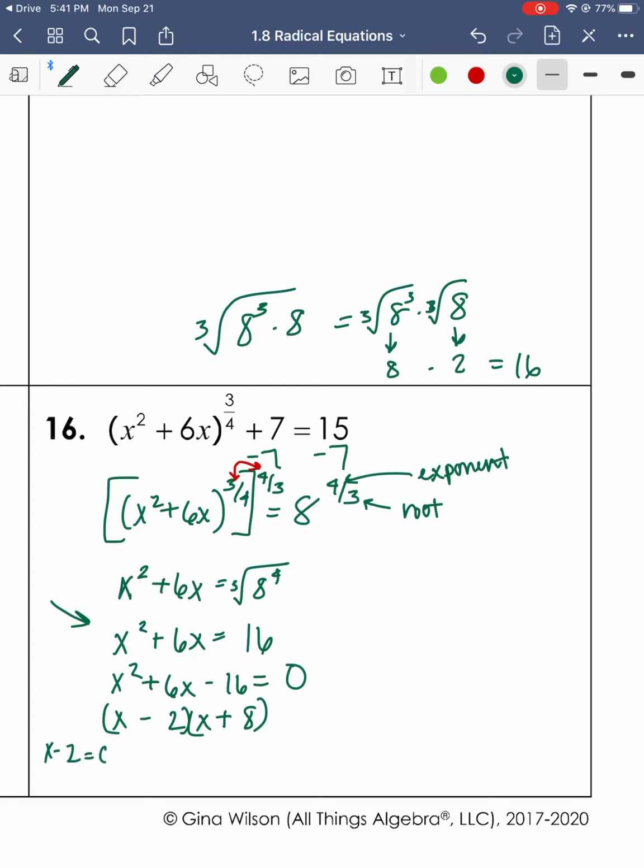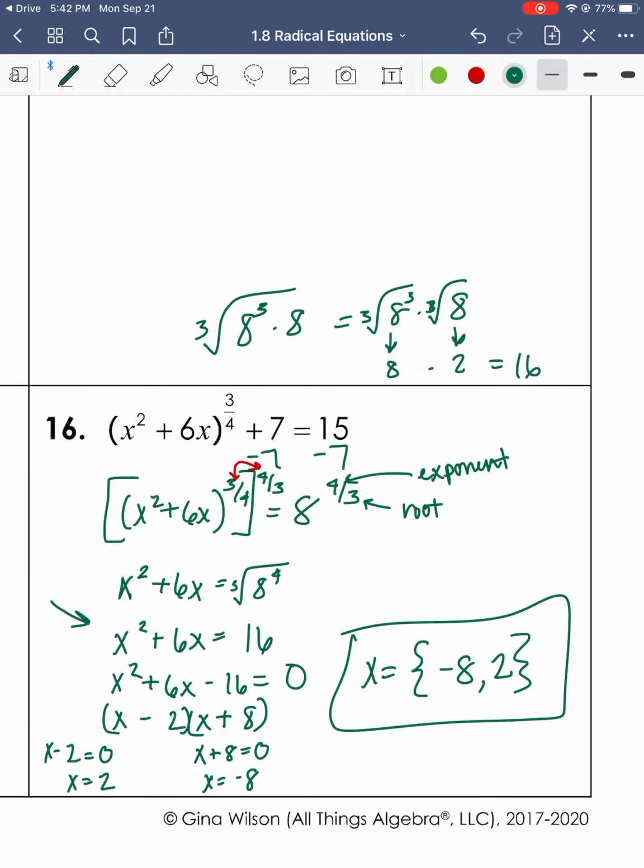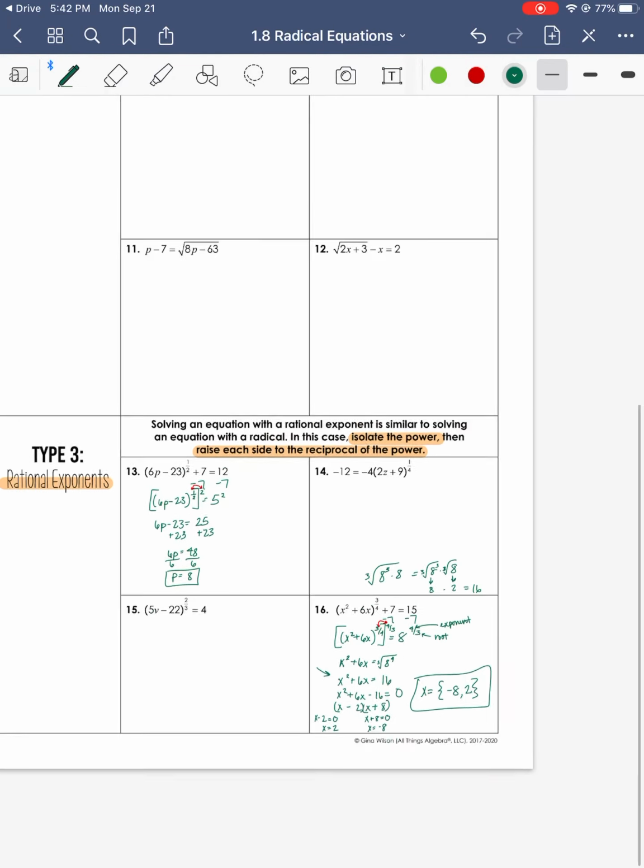Perfect. Then we have x minus 2 is equal to 0, so therefore x is equal to 2. Then x plus 8 is equal to 0, x is equal to negative 8. So our answers are x is equal to, in set notation, negative 8, comma 2. Whew. Okay. All right. There we are.